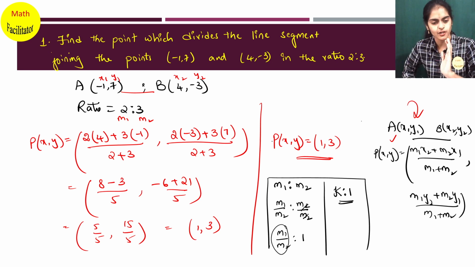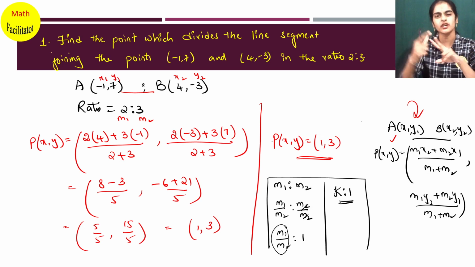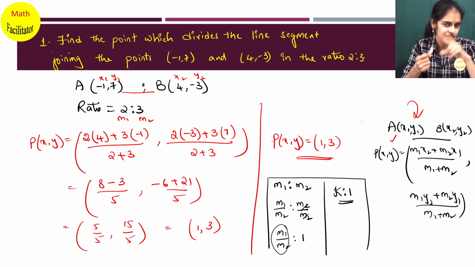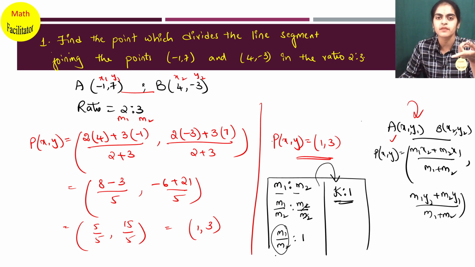M1 and m2 are two unknown values. Finding one unknown value is easier than finding two, so we convert these two unknown values into one unknown value, k, which is nothing but m1 by m2.